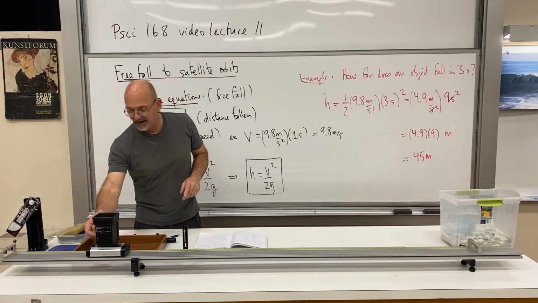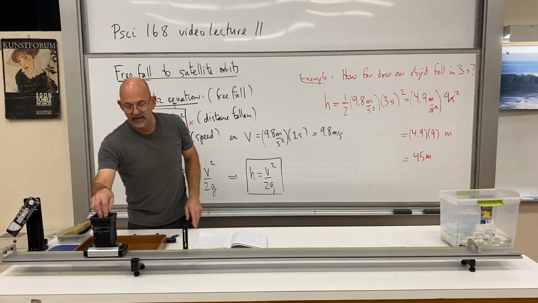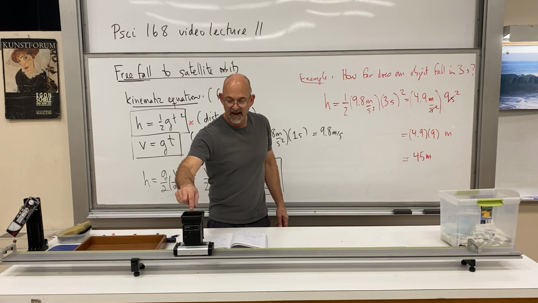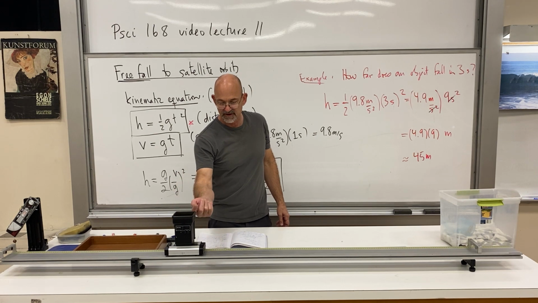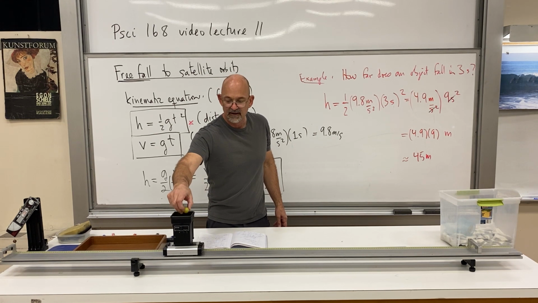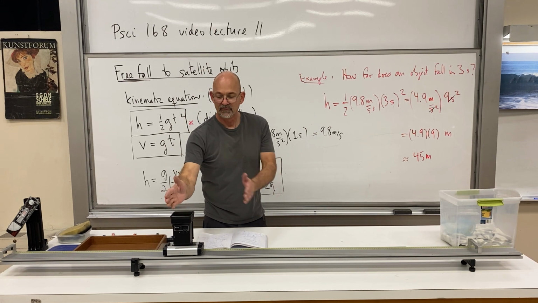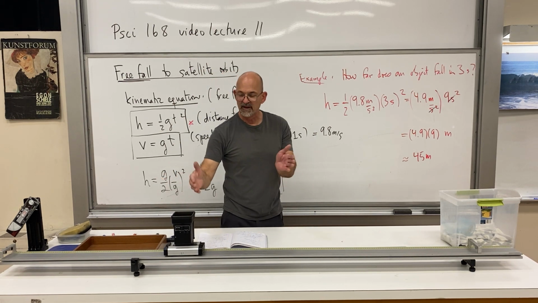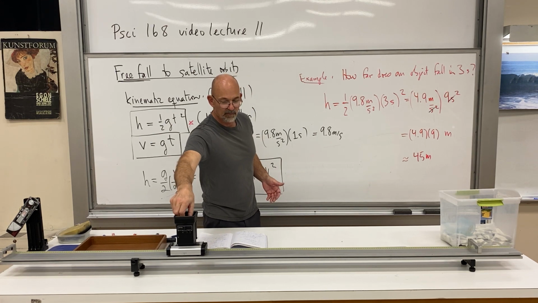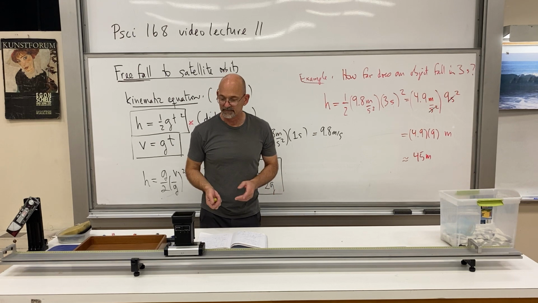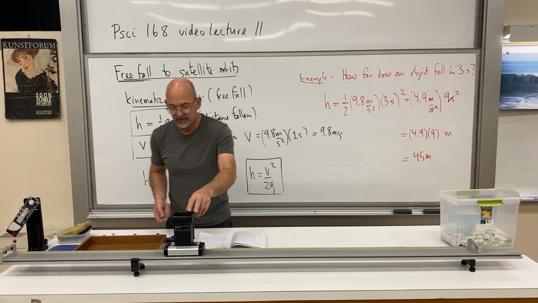If you were sitting in this cart, and the can and the ball were launched just beside you, you would see it just coming up and back down right next to you. You can do this in an automobile. In an automobile, you could be in the passenger seat and throw something like that as well. So this independence is the key.